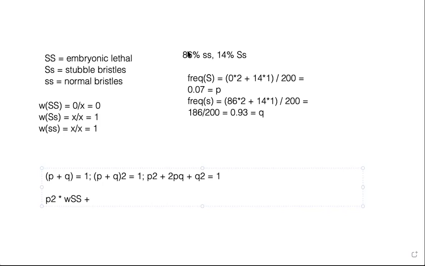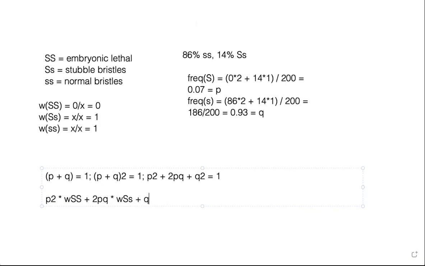And then 2PQ times W big S little s. 2PQ is the frequency of big S little s flies if there is no selection happening. Multiplying it by that W is how you model the effects of selection that is happening.